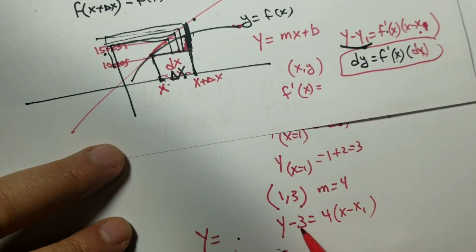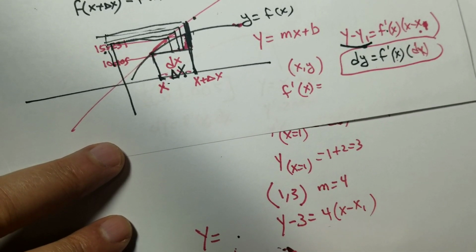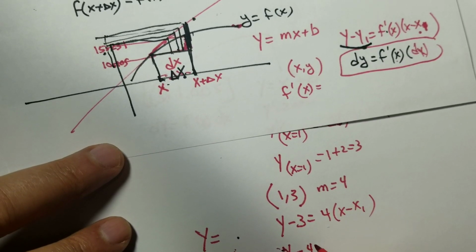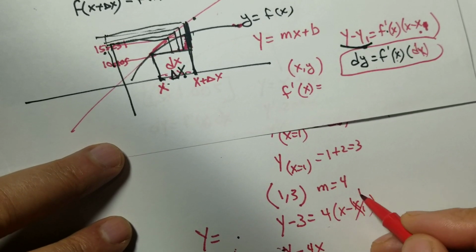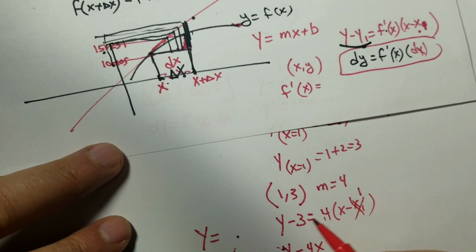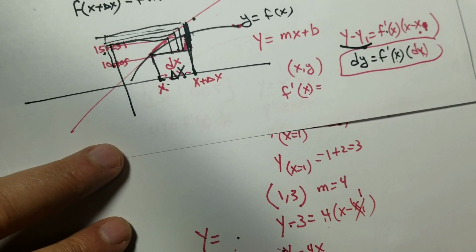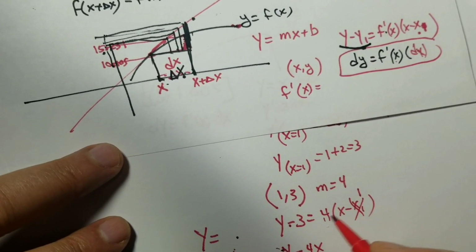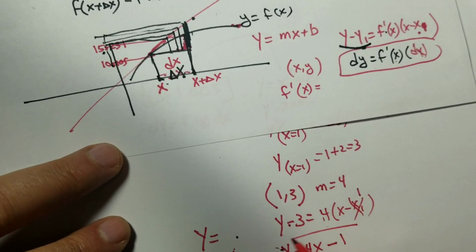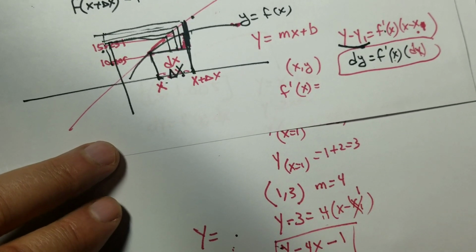That's the equation of your tangent line, which is 4x, your x1 was 1, that's a negative 4. When the 3 goes to the other side, negative 3 becomes positive, negative 4 plus 3 is a minus 1. That's the equation of your tangent line.